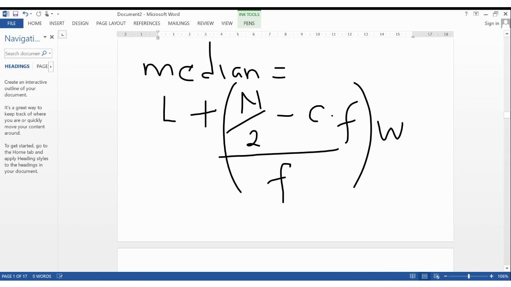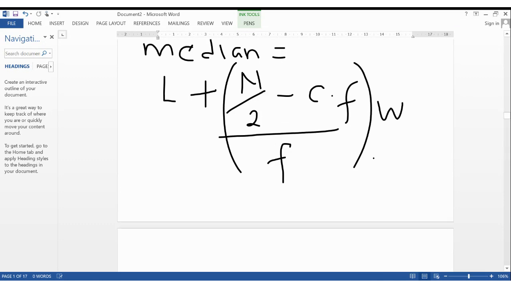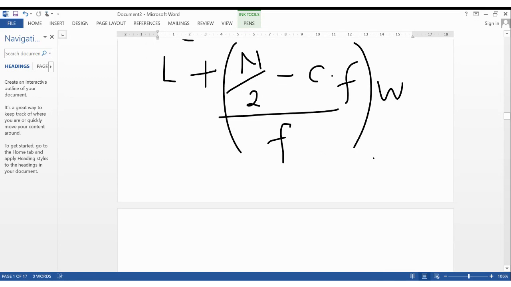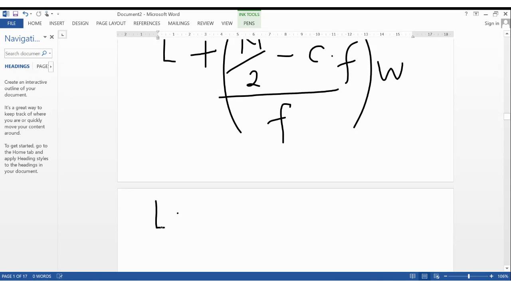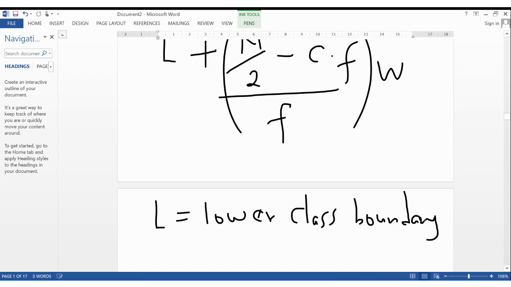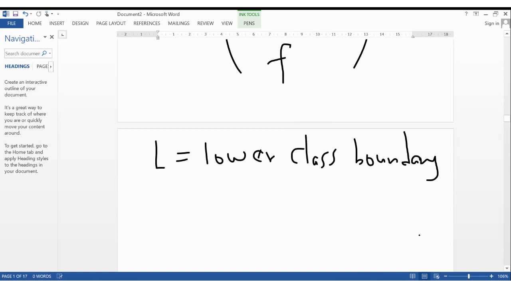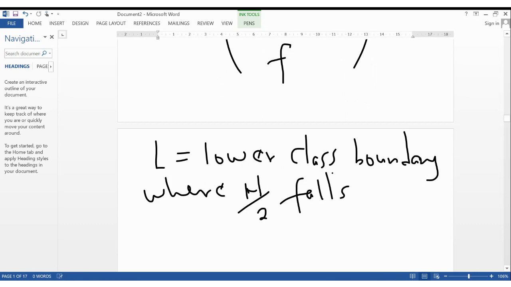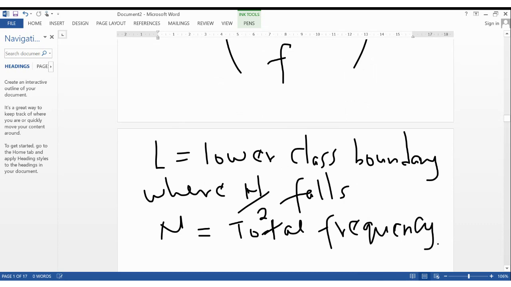L basically is the lower class boundary where N over 2 falls. I'll show you how to get N over 2. N is the total frequency. And then we have our CF, cumulative frequency.